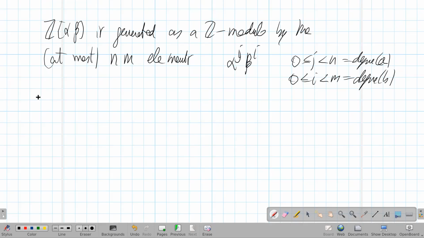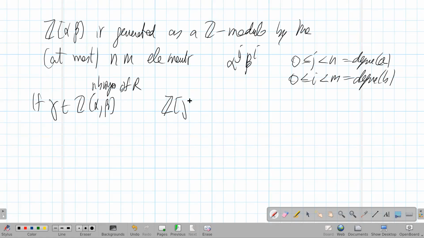This means if gamma is in Z[alpha, beta], and remember this is a subring of R, then, since this is a subring containing Z, Z[gamma] is contained in Z[alpha, beta].